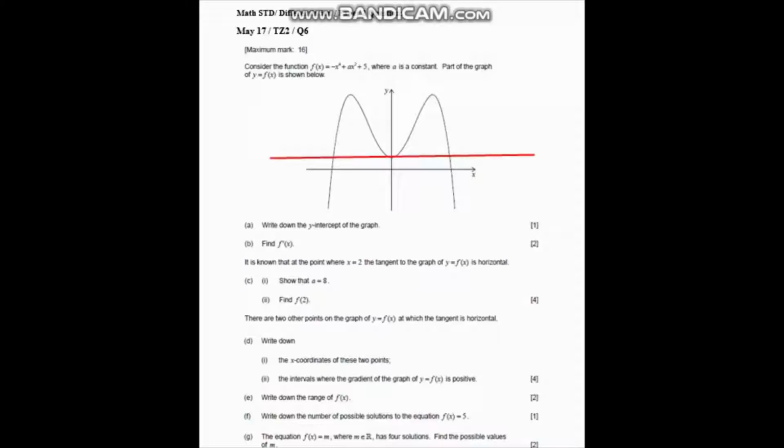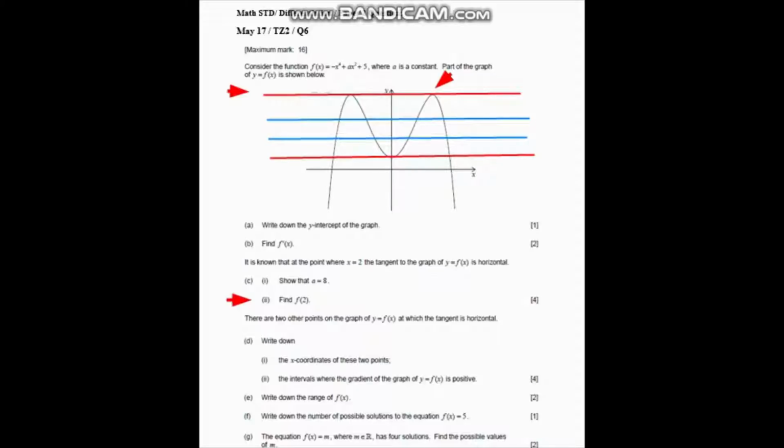And this line right there, which is y equals 21, because we know from before that this point has a y value of 21 from C(ii). So this line on top intersects the curve 2 times. However, any line between the two red lines shall cut the curve 4 times.